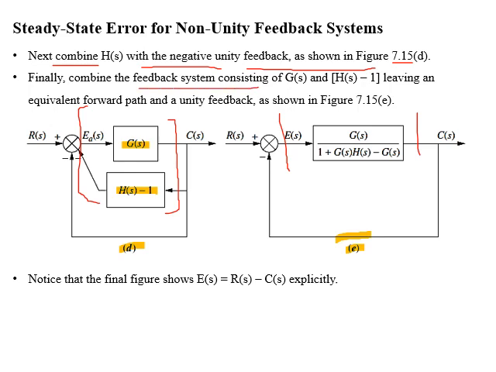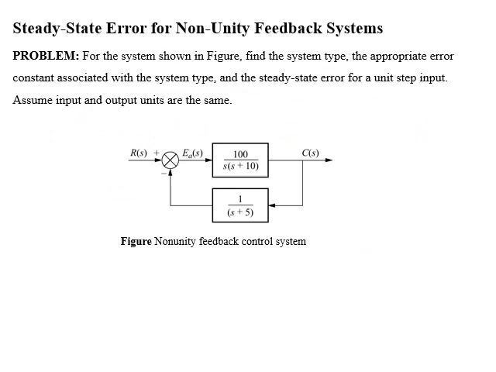And here the difference, or output of the summing junction, will be the steady-state error E of S, which will be equal to input minus output. Students, now in the upcoming example, we will find the steady-state error for a non-unit feedback system.